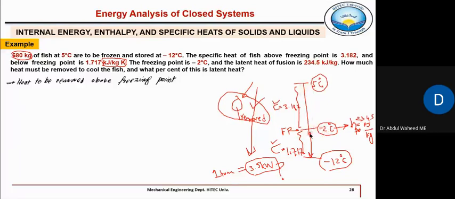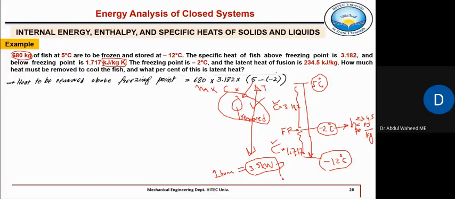So from 5 to minus 2 degrees Celsius, the total heat to be removed is given by, from the definition of specific heat, we know the heat to be removed for 1 kilogram of fish is this one. So for M, this much kilogram, which is 680, multiplied by C, multiplied by delta T, the temperature change.